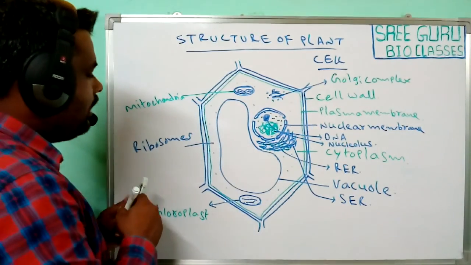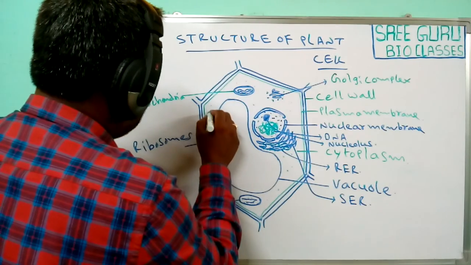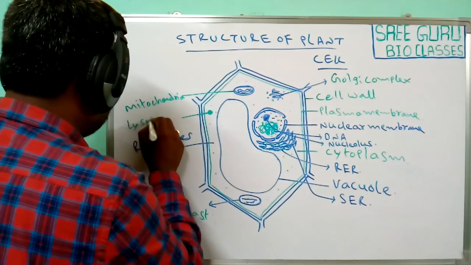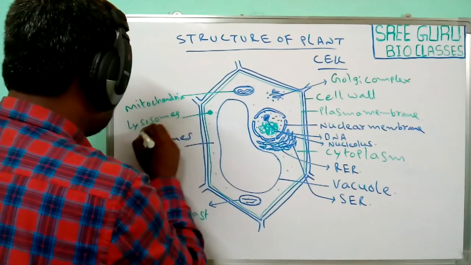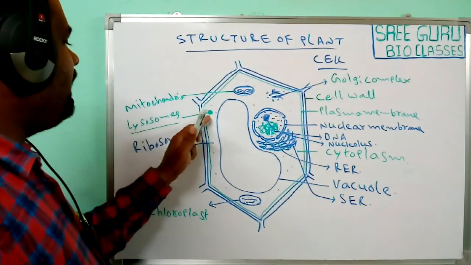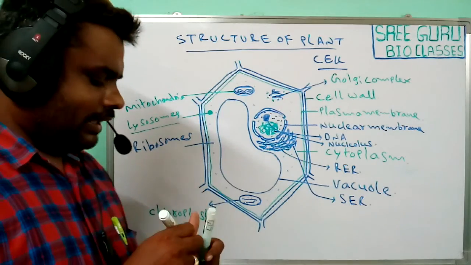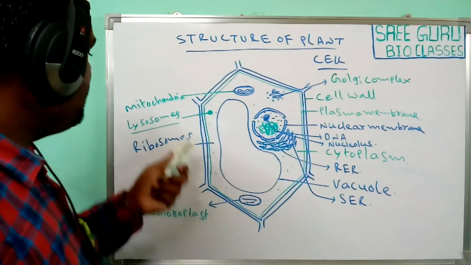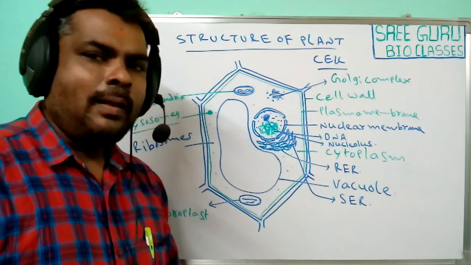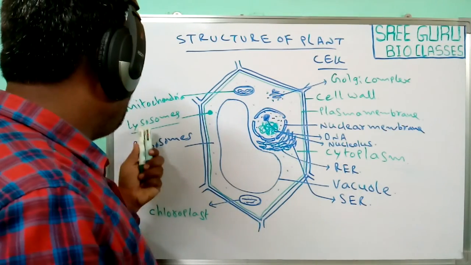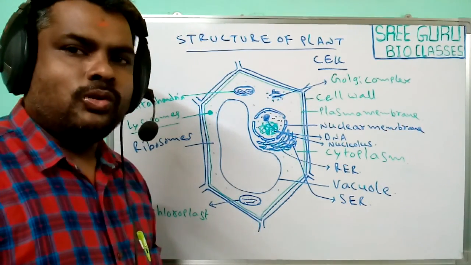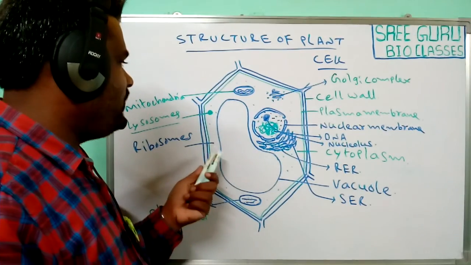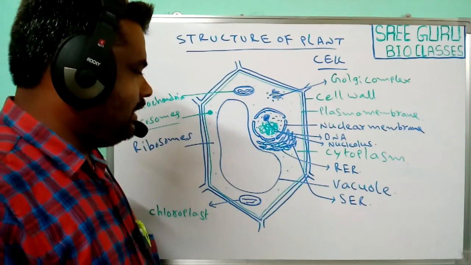Lysosomes are also present. Lysosomes have degrading enzymes which degrade proteins, fats and other waste material which enters the cell. So the presence of lysosomes is also another important characteristic feature of this plant cell.